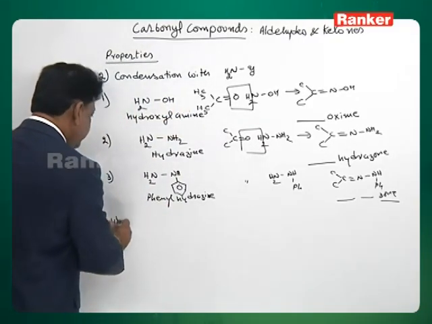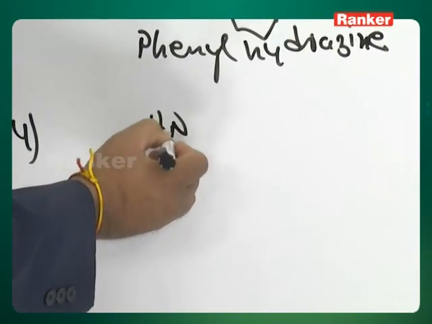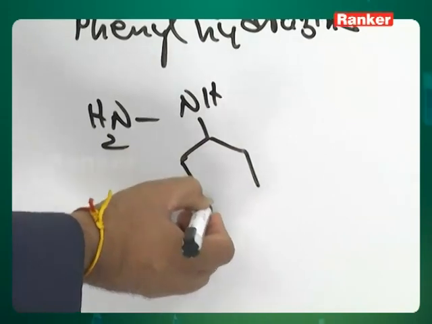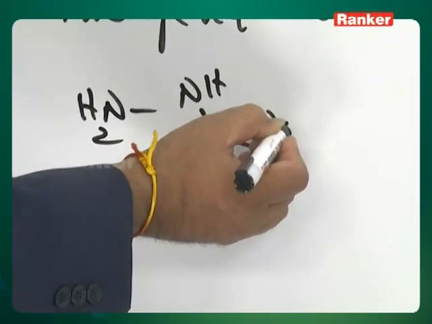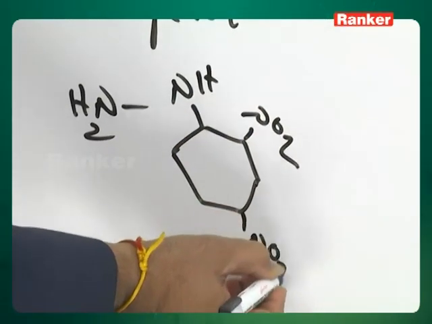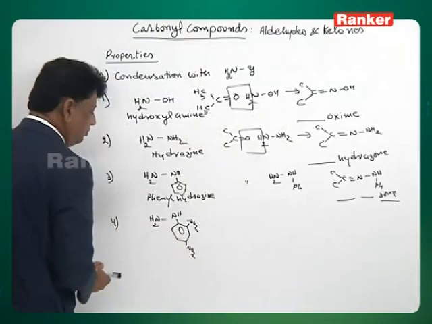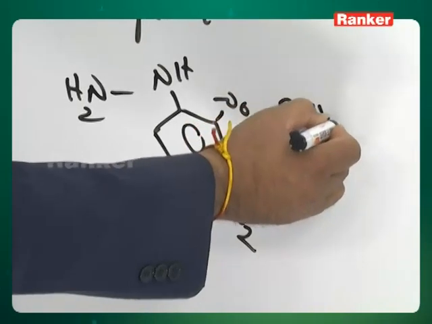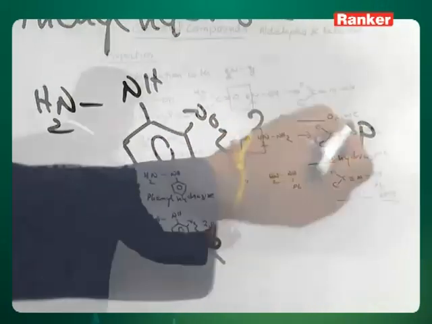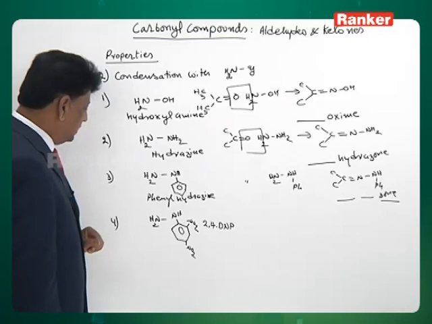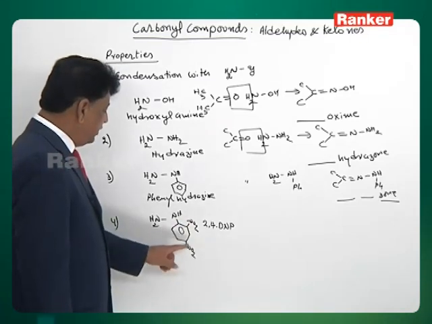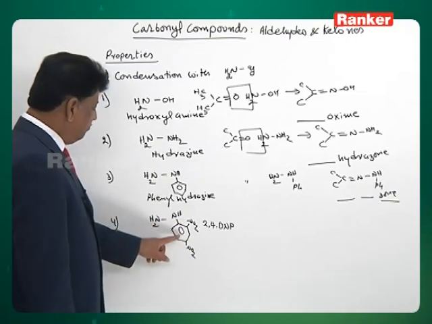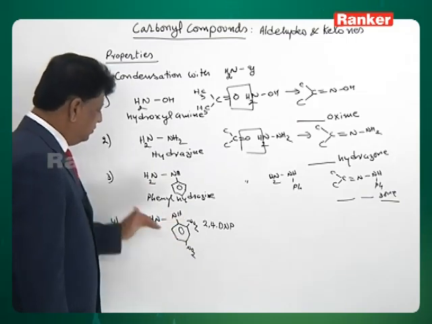The fourth reagent is NH2NH with a phenyl ring, but this phenyl has 2 nitro groups, specifically at the 2nd and 4th positions. Therefore, it is called 2,4-DNP, commonly known as DNP. It stands for 2,4-dinitrophenylhydrazine. It is an extension of phenylhydrazine.